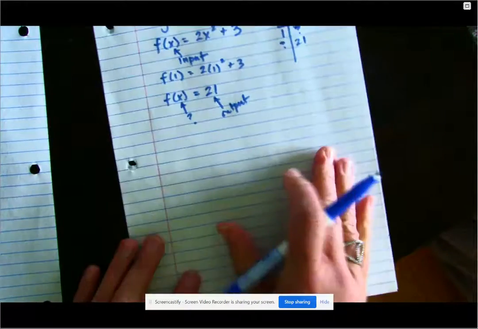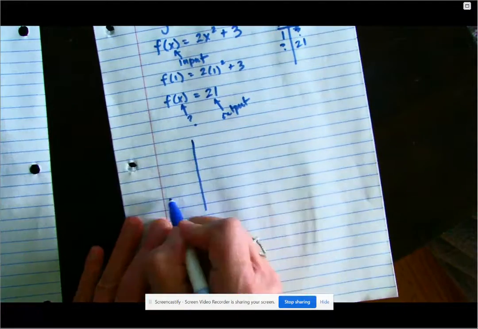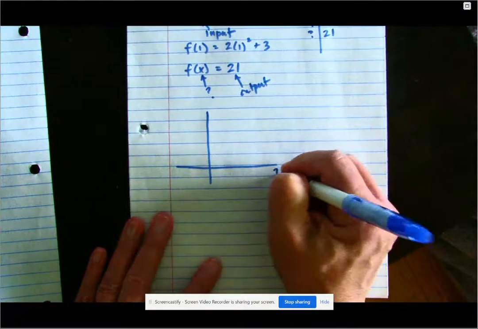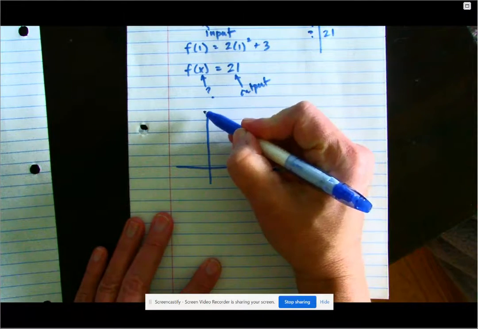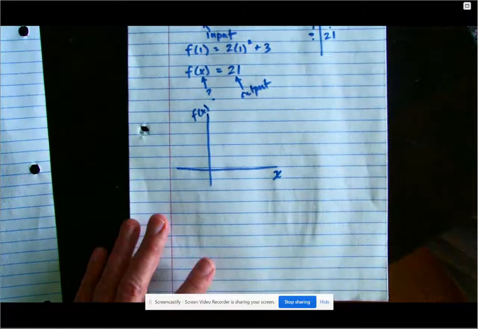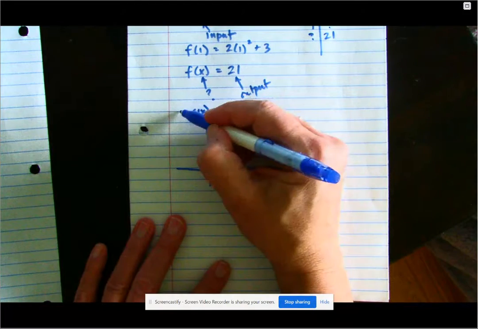In a graph, you can generalize all of this in all of its representations. If this is x, and typically we think of this as y, we can also think of this as f of x. Let's say that parabola just made this shape.